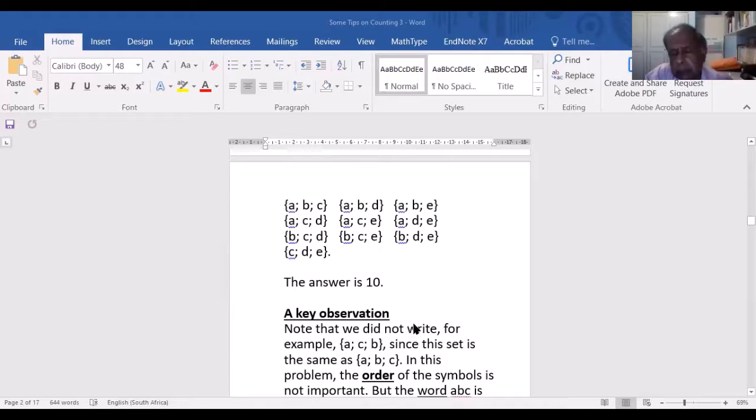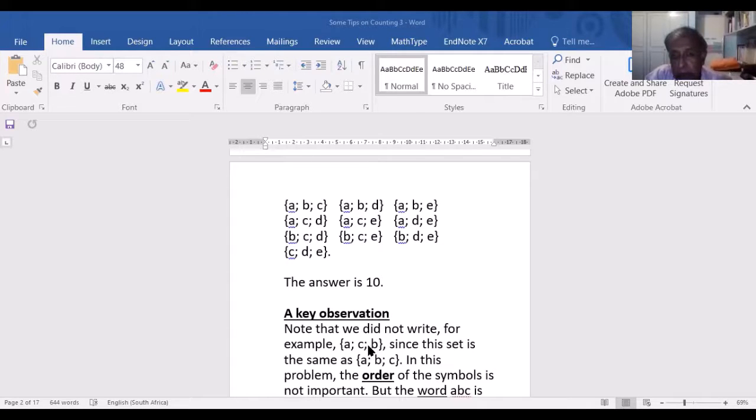Note that when we create a subset like ACB, right? Now you notice ACB is not here. The reason for that is I've chosen ABC. And the set ACB is the same as ABC. Right? So this subset is the same as that. It's got the elements A, B, and C in it. Right? So here, the order is not important.